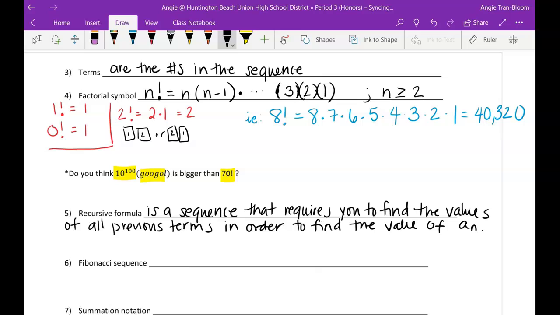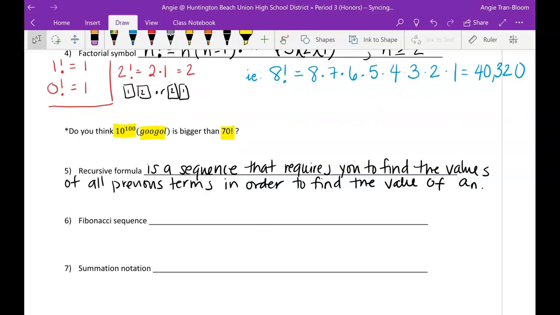Fibonacci sequence. It's really well known. Most movies that you watch that have a little bit of math involved always bring this up.